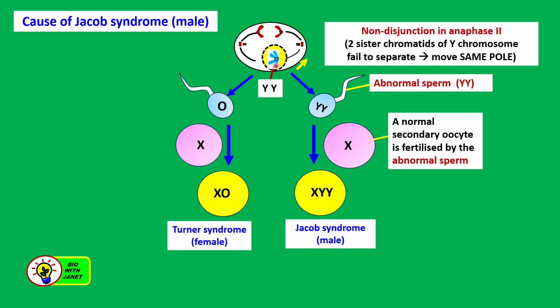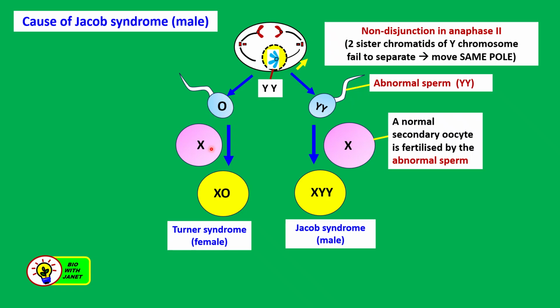So the two sister chromatids fail to separate, both move to the same pole, and each sister chromatid becomes one new chromosome. So there are two Y chromosomes in the abnormal sperm, whereas the other sperm has no sex chromosomes.